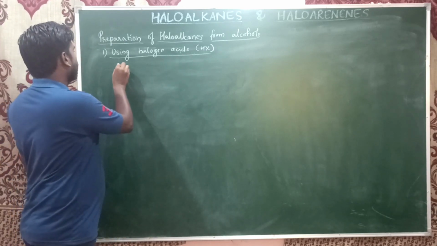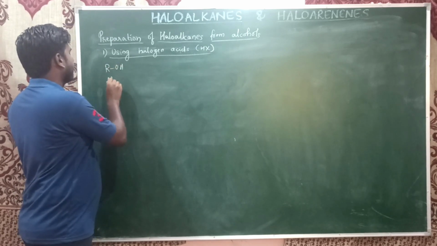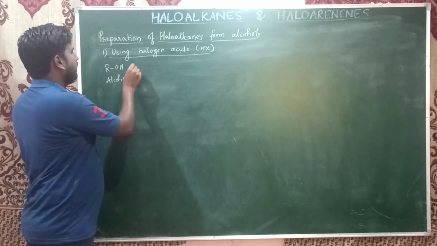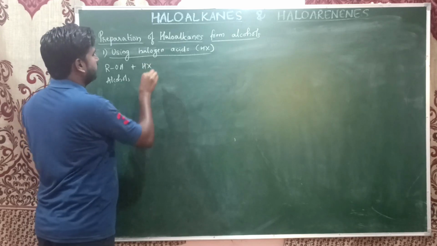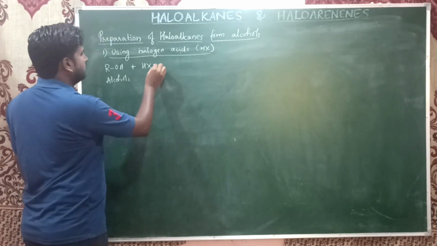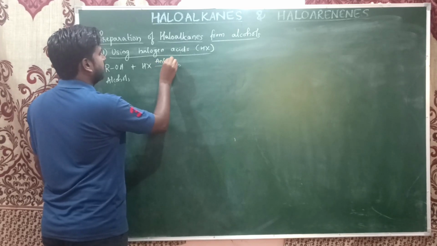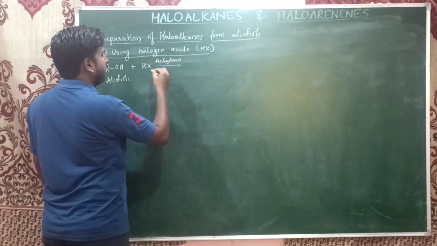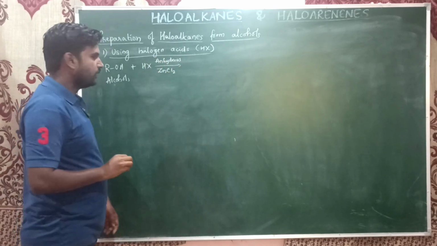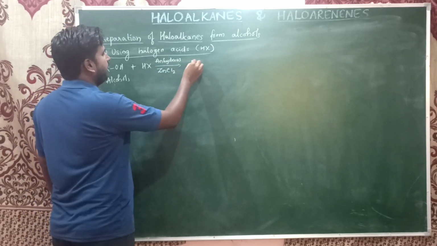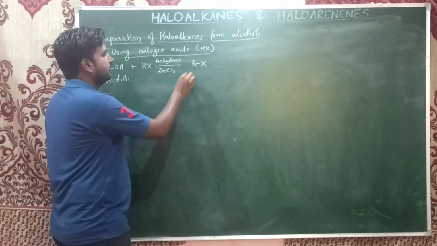Alcohols react with HX, usually by heating with anhydrous zinc chloride as the catalyst, and we get haloalkanes or alkyl halides, RX, along with the elimination of water.